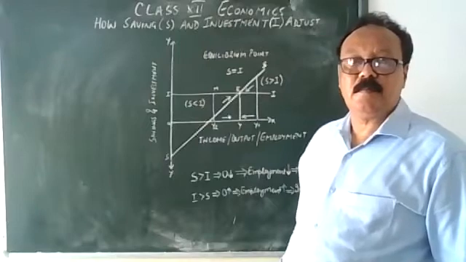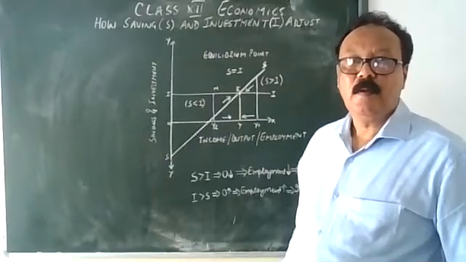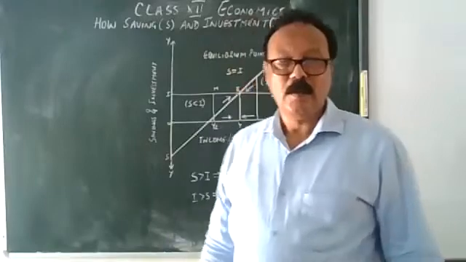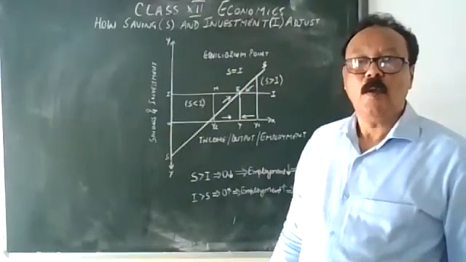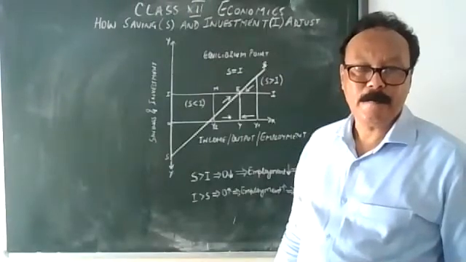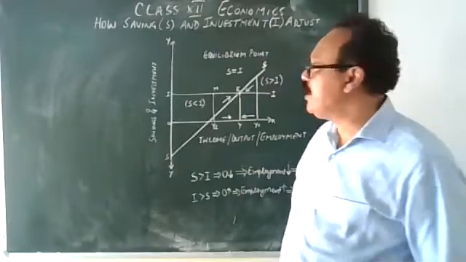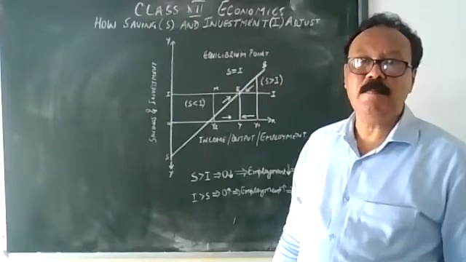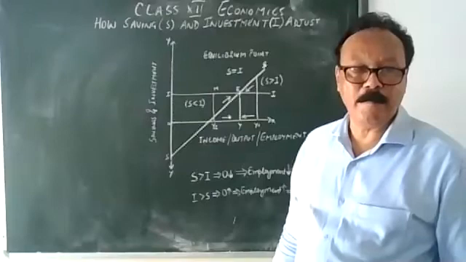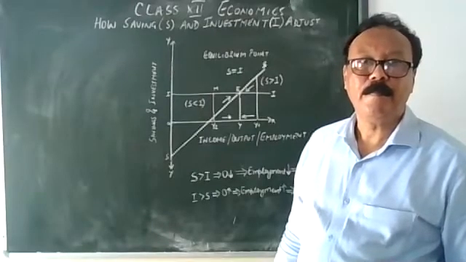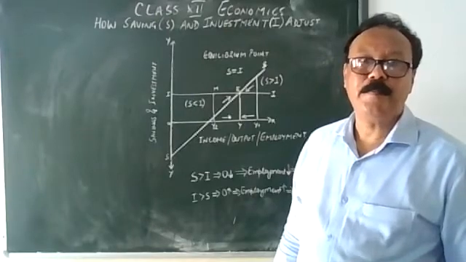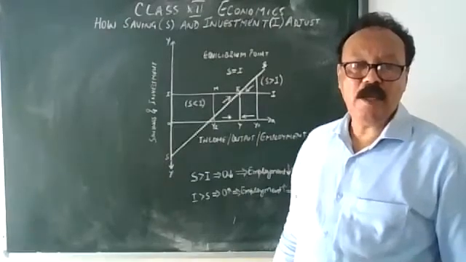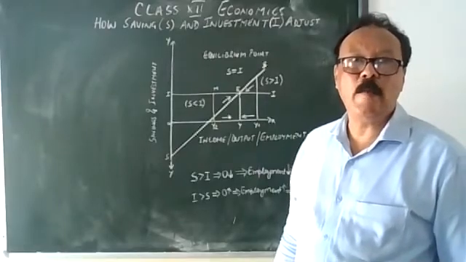And this tendency of reducing the output will continue till it reaches the equilibrium level of income, where planned savings equals planned investment.